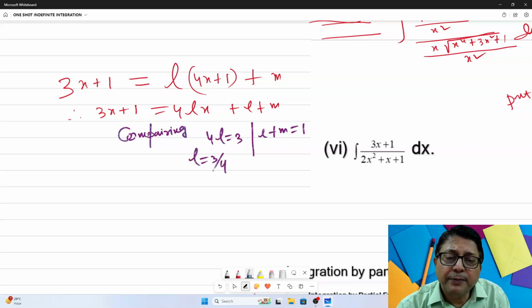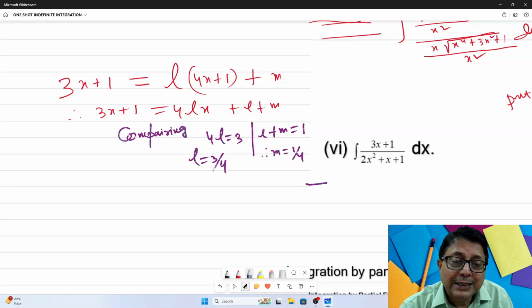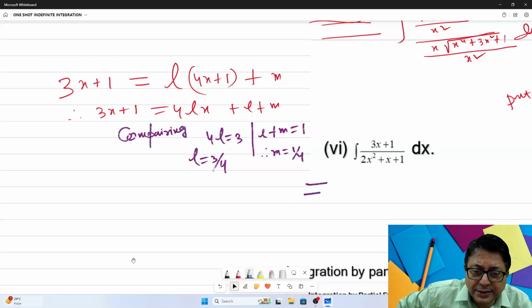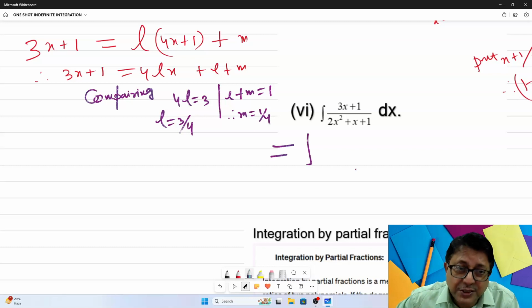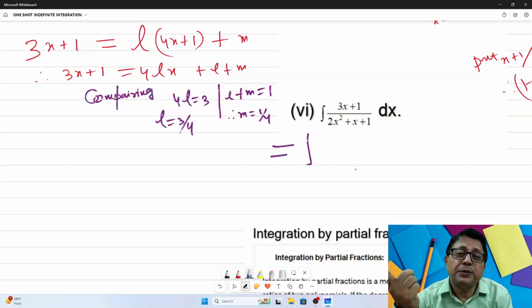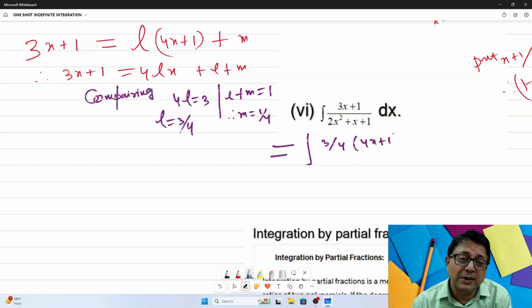So L is 3 by 4, 1 minus 3 by 4 is 1 by 4. Now this integrand is changed to a convenient form, the numerator. Numerator is what? It is L into 3 by 4 into 4x plus 1. You are going to get f dash x by fx. Then what is remaining over there? The value of m is 1 by 4.